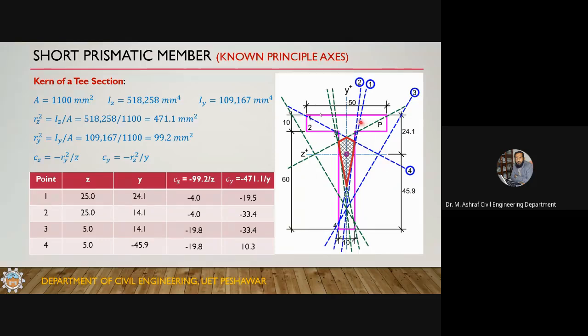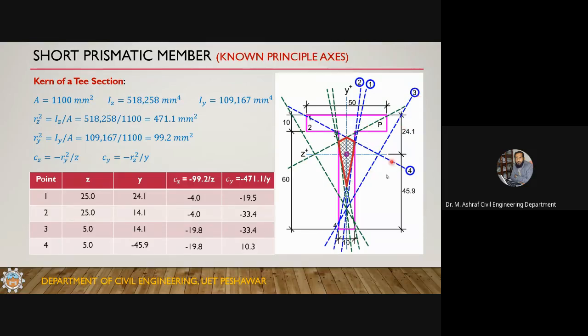The region is surrounded by these 8 lines. You join them from one line to the intersection of the next line, and no line should pass inside this region. If a line passes inside, then there will be a problem and it will not be a kern. All the lines should pass outside, so the region should be inside all of these lines.